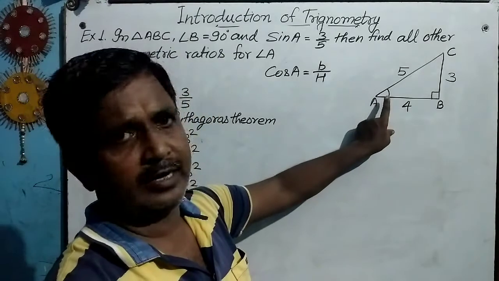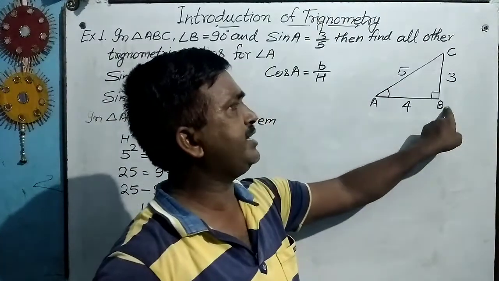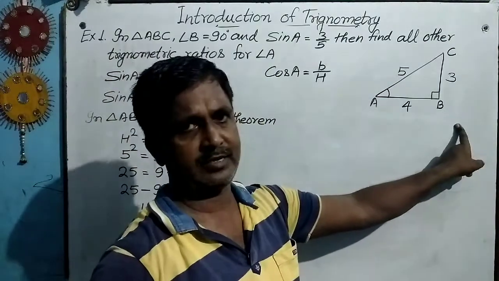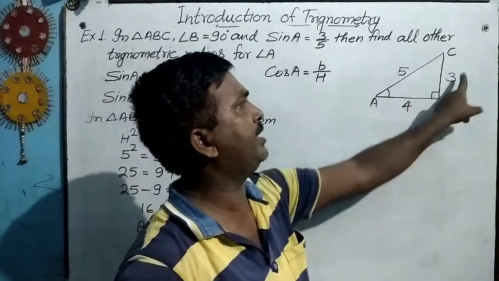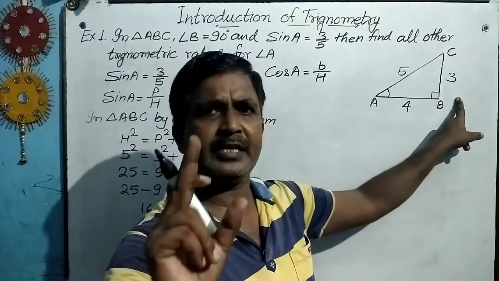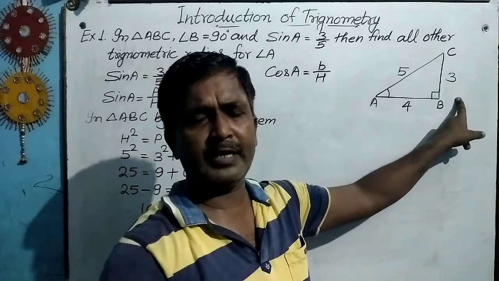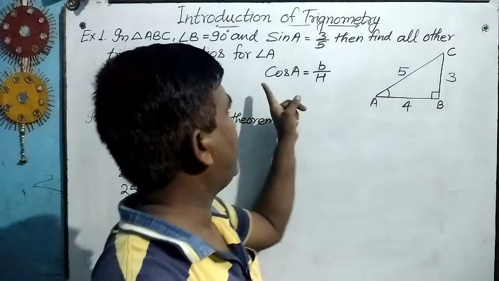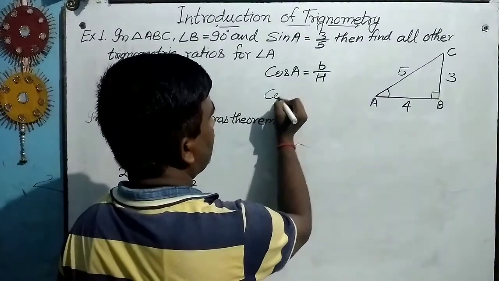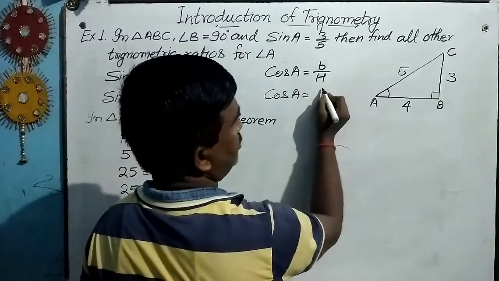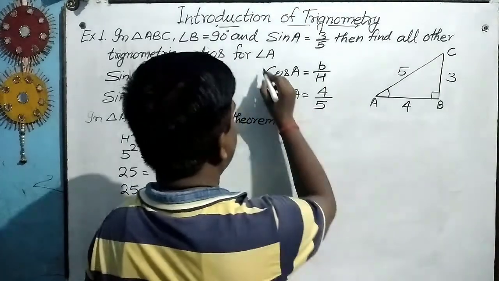For this triangle, the line which is drawn from angle A to the 90 degree is the base, and the side which is just opposite of angle A is the perpendicular. Listen here, don't make a mistake between perpendicular and base when you are writing the ratios. So base is here 4, cos A you will get 4, and hypotenuse is 5.